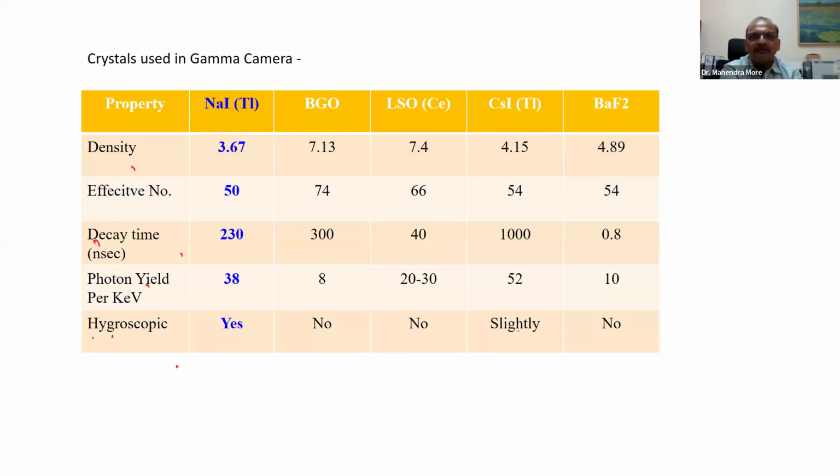You can see the properties of sodium iodide with thallium doping: the decay time is very low compared with the other crystals, and the photon yield is very high, 38 per keV. The only thing is that it is hygroscopic, so it needs to be properly sealed. Nowadays, all gamma cameras have sodium iodide crystal with thallium doping.